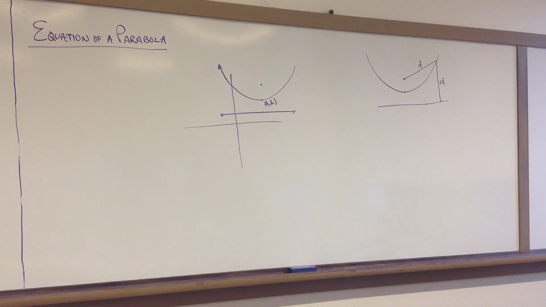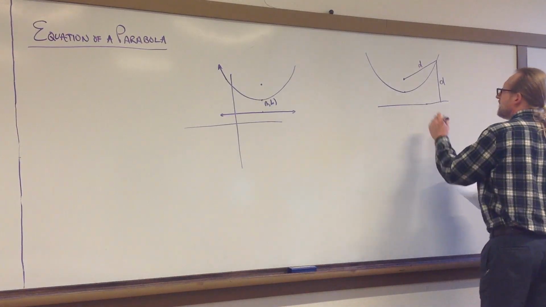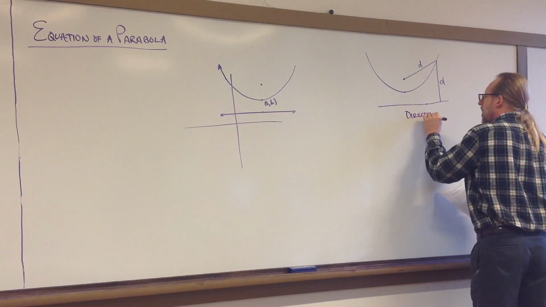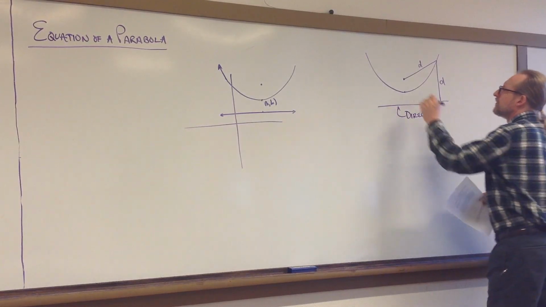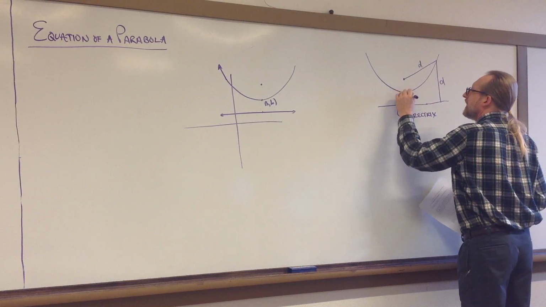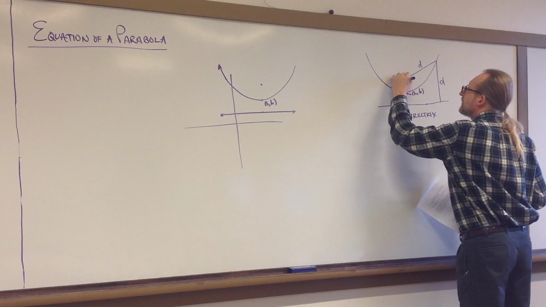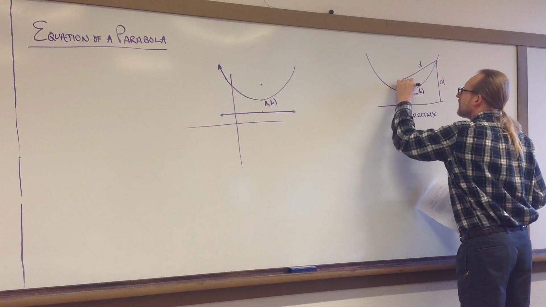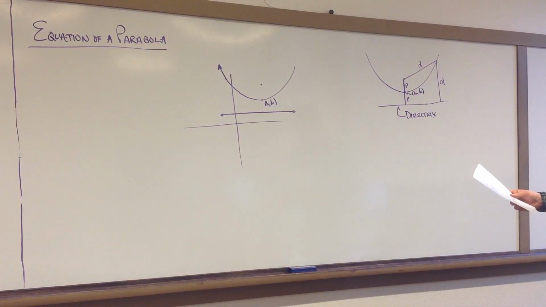I'm going to follow what I've done in the textbook. And so this thing down here is called the directrix. And this is the point (h, k). And this distance right here is called the focal distance, and we use the letter p to describe that.